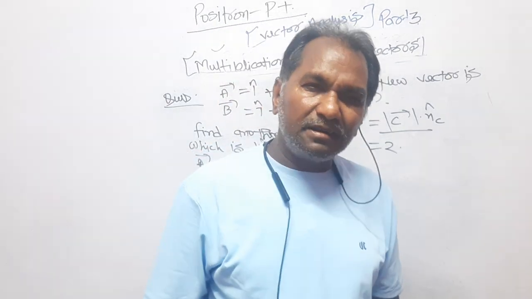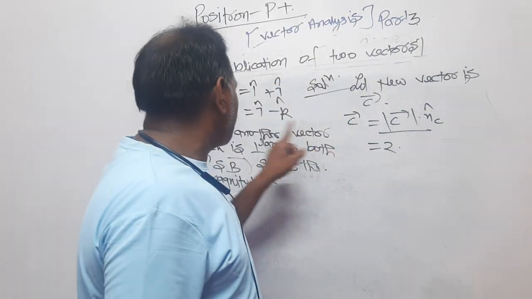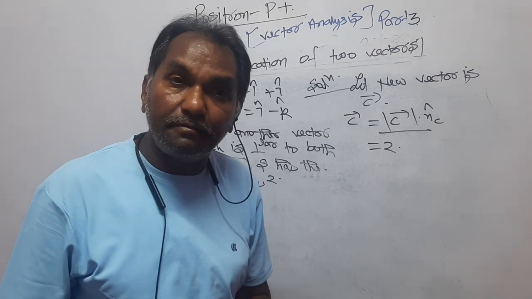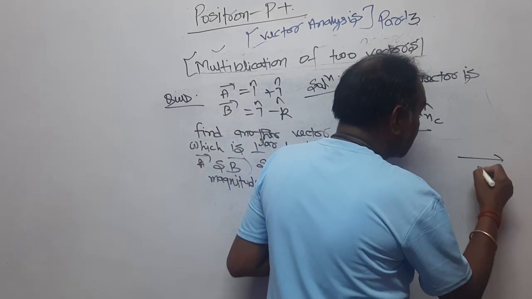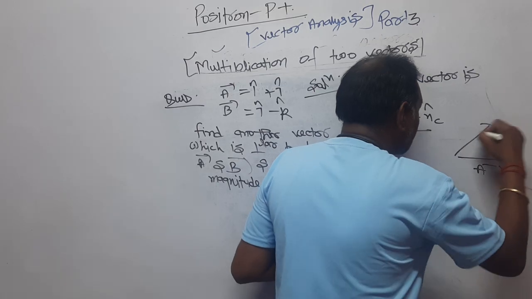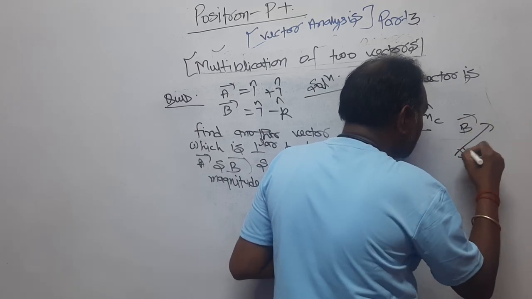It is saying that vector C is perpendicular to both A and B. Now this is vector A, this is vector B, and let the angle between them be theta.